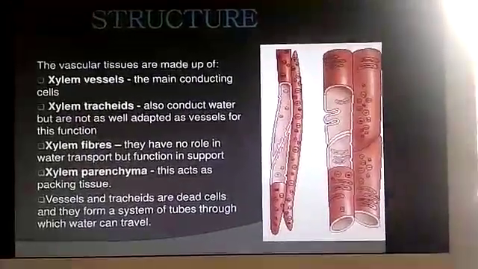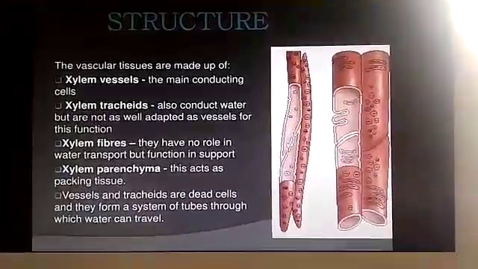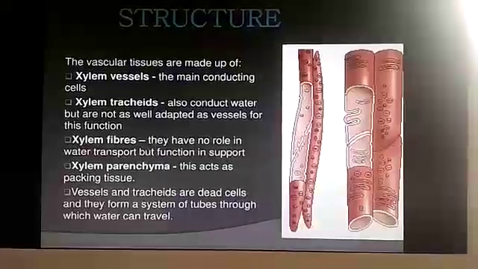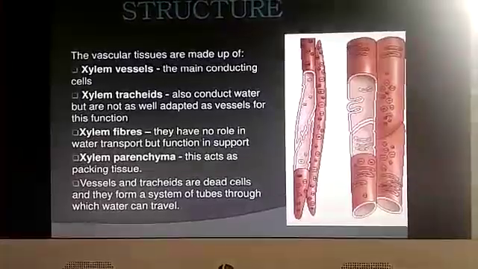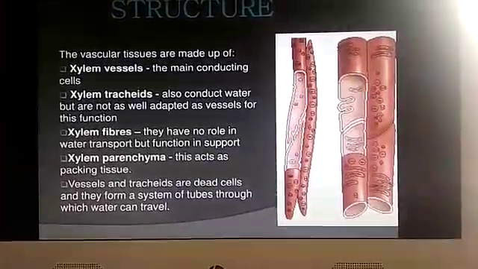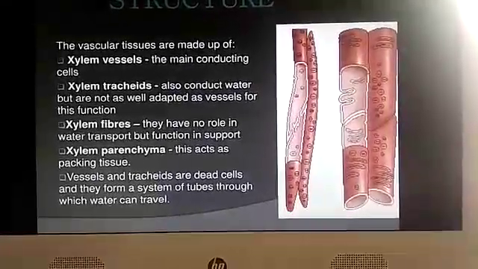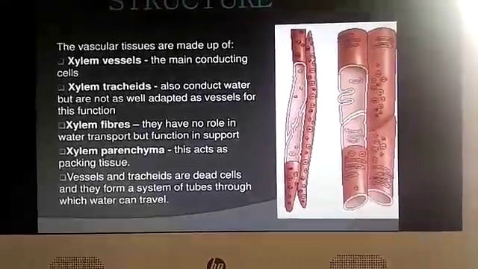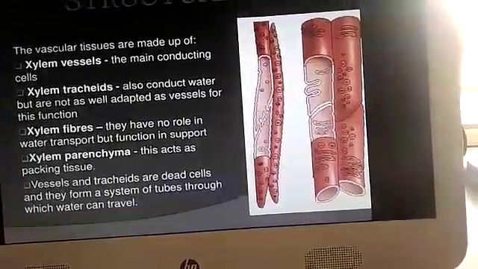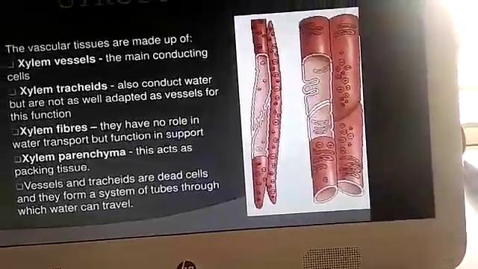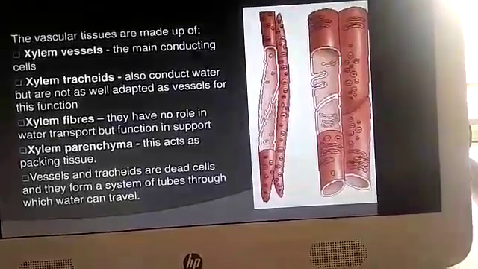See the structure of xylem vessel or xylem tissue. The vascular tissue is made up of xylem vessels, xylem tracheids, xylem fibers and xylem parenchyma. Xylem vessels are the main conducting cells. And xylem tracheids also conduct water but are not as well adapted as vessels for this function.